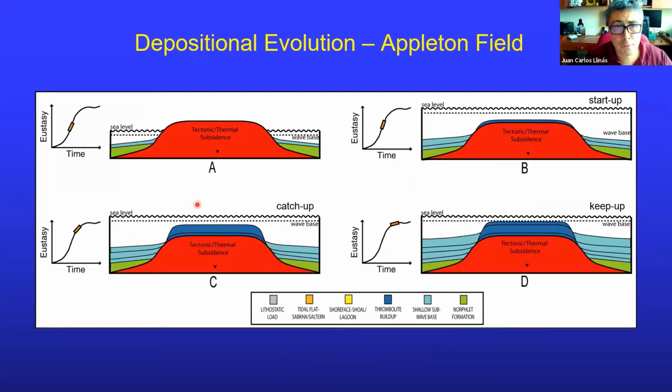A similar story happens for the Appleton field. Again, later in the transgression, the marine waters flooded, in this case completely, the basement paleo high. You have the establishment of the microbial colonies on top of the structure and fine sediments on the flank. This is the start-up phase of the carbonate factory.